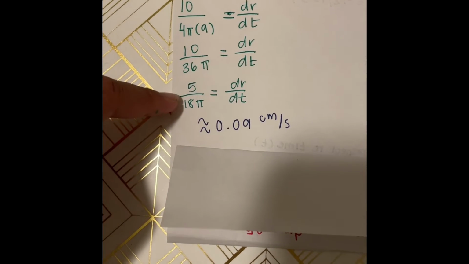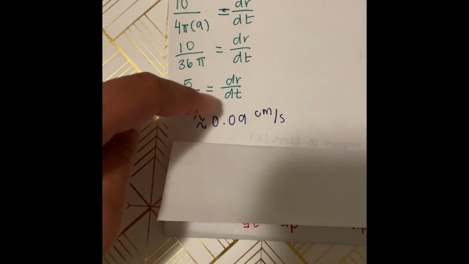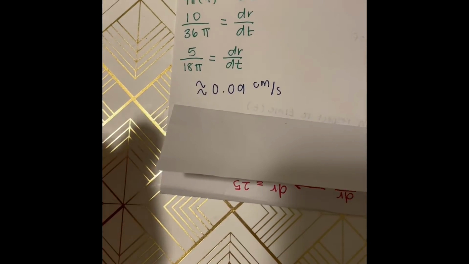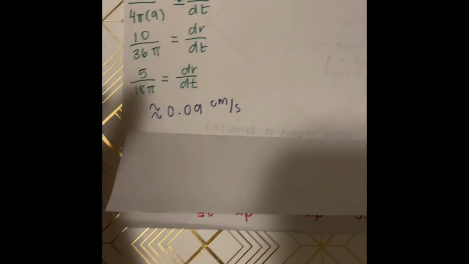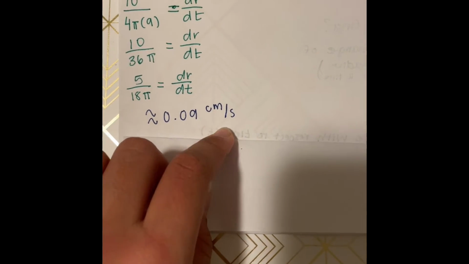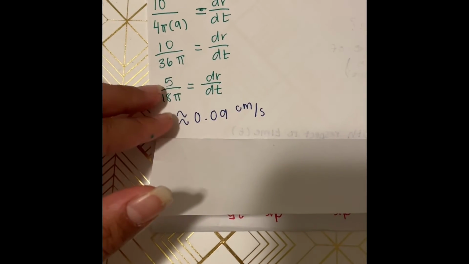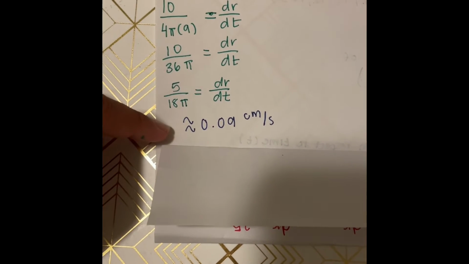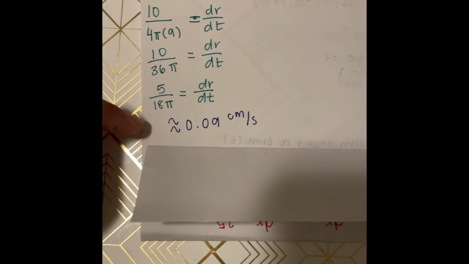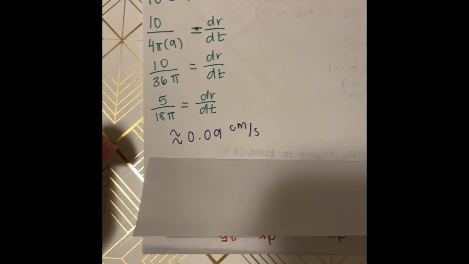This can be simplified even more to 5 over 18 pi, which is your dr over dt, or in decimals, approximately 0.09 centimeters per second. All of these represent how fast the radius is increasing when Charlotte is filling up the balloon.